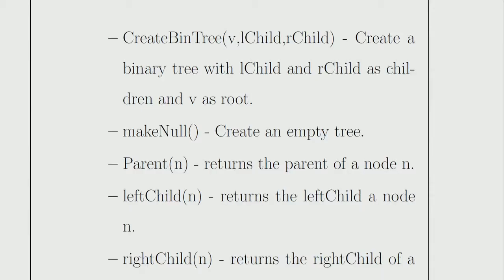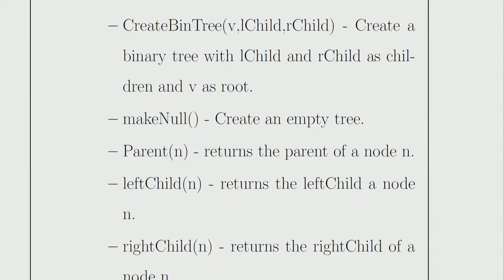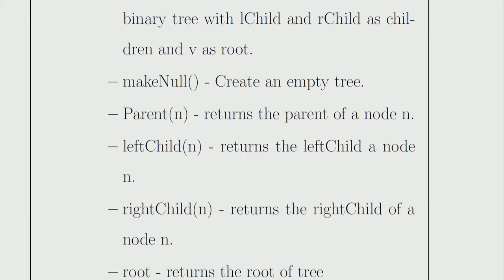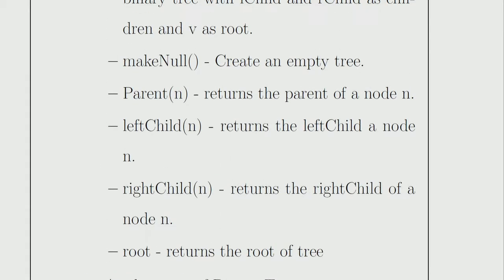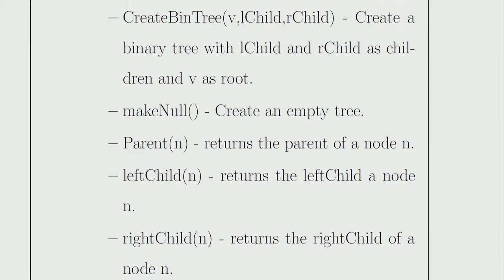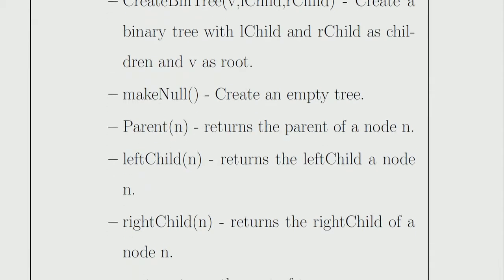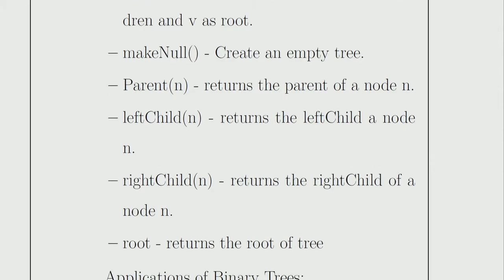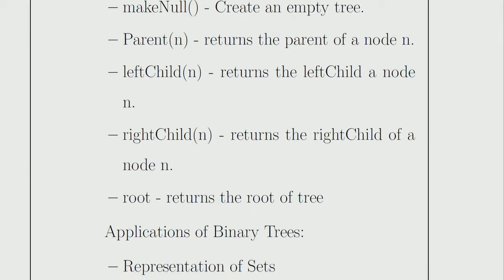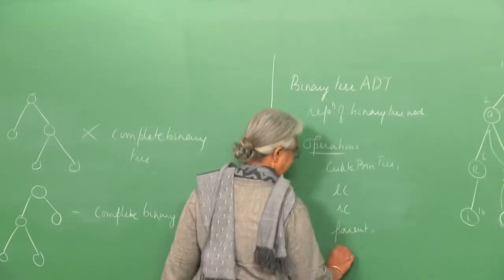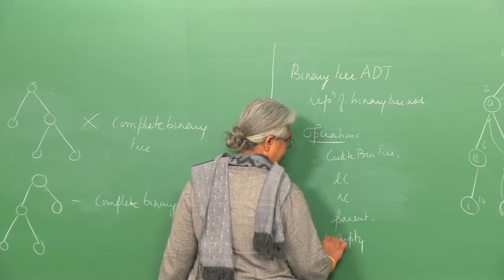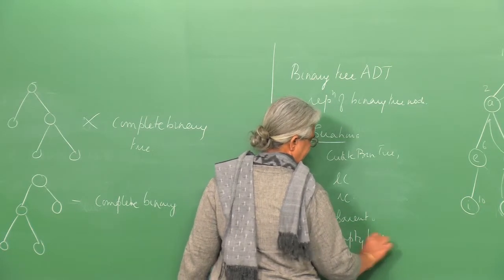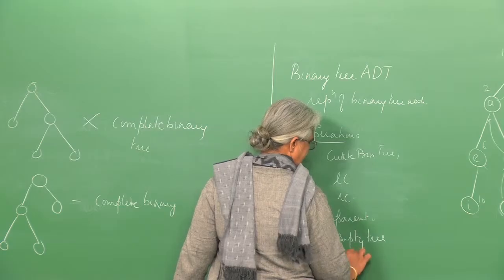and right child, left child I already talked about. Of course, we need a create empty tree always, that is required, parent, and not always, sometimes they ask for the root of the tree. So, creation of empty tree and sometimes a get root.